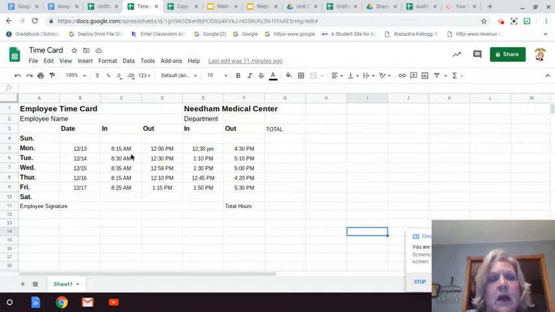There are several ways to do this. One way is to say, okay, if you started at 8:15, I'm going to count, and I can count out on my fingers. You can do whatever you want. He went from 8:15 to 9:15 is 1 hour. 9:15 to 10:15, now we're at 2 hours. Up to 11:15 is 3 hours. Up to 12:15 would be 4 hours, but he left before that.